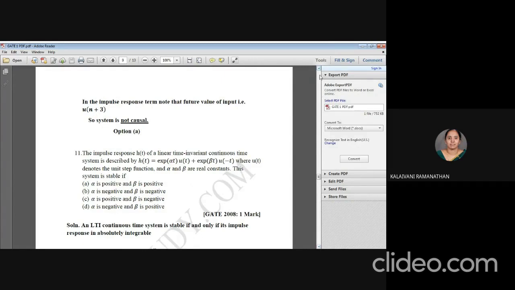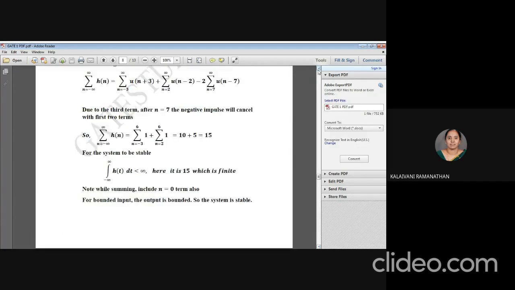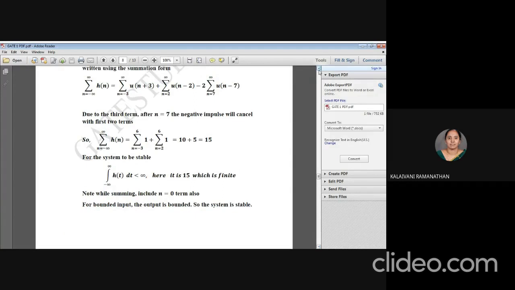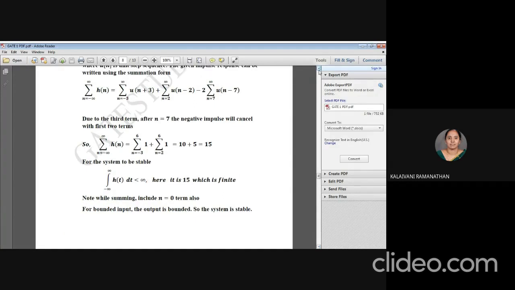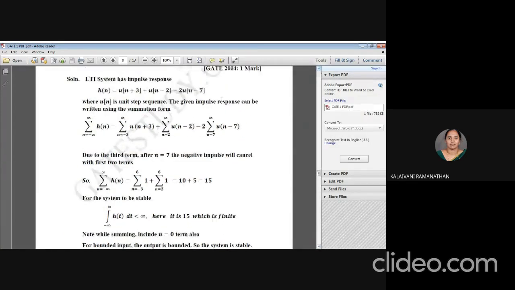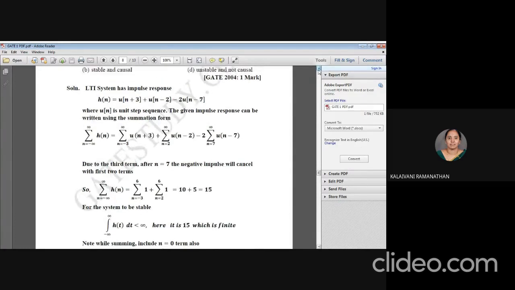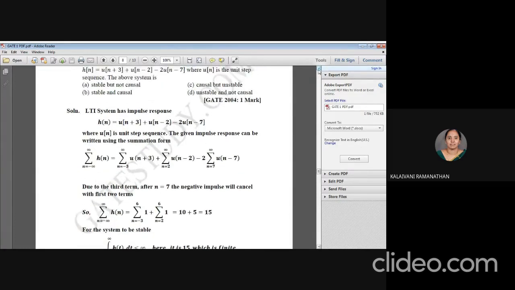So when you check h of n, given by u of n plus 3, u of n minus 2, and u of n minus 7, one term represents a future input. So you have to consider that the system is stable but not causal. So you have to choose the first option, A.